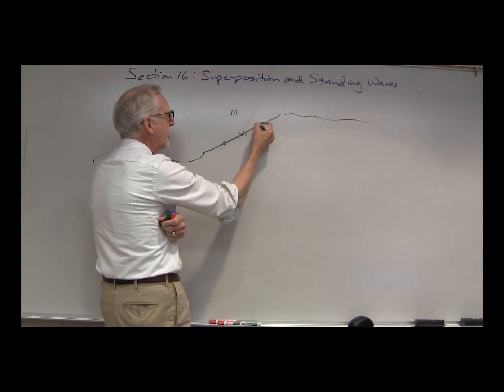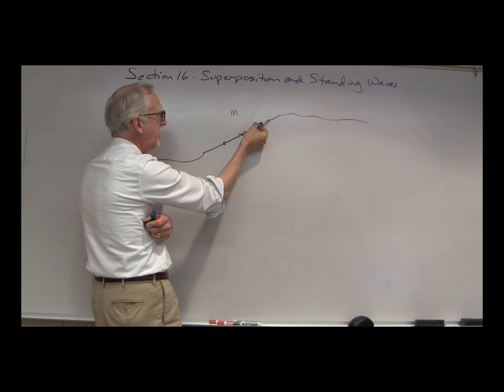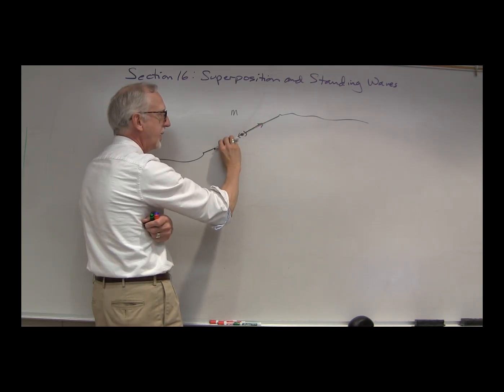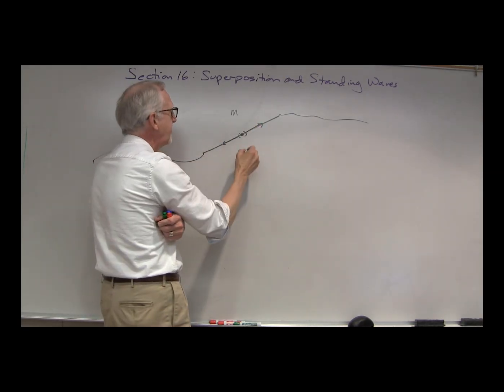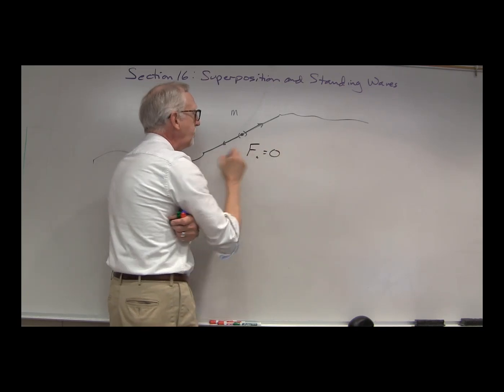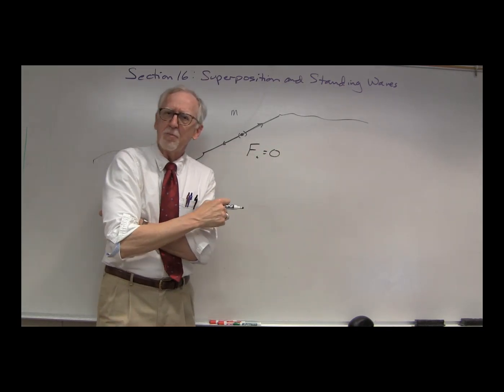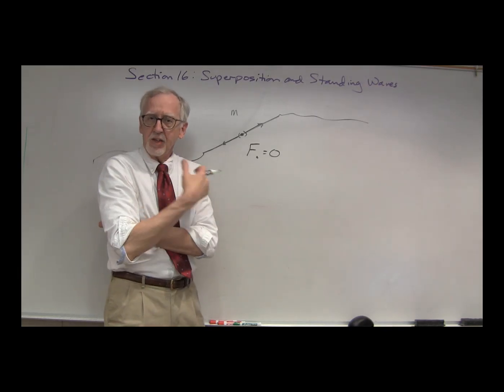If this is straight, then whatever force is up here will be exactly in the opposite direction as the force down here, and the net force will be zero. So we would expect there to be no acceleration of the object.